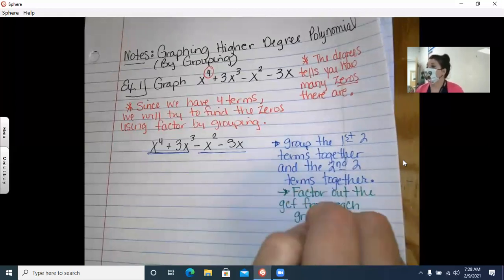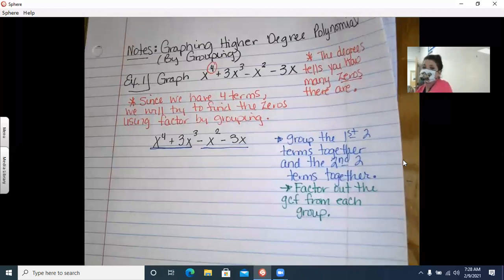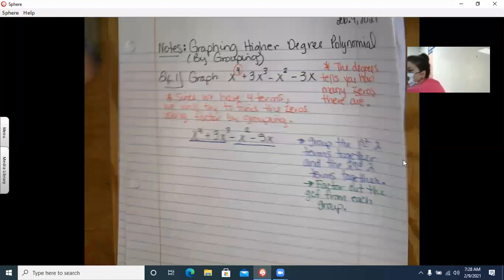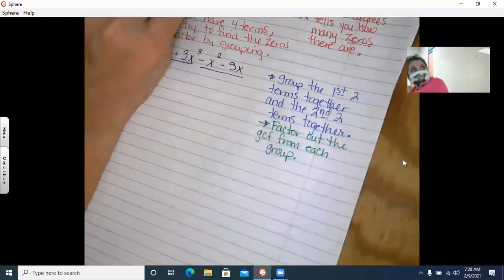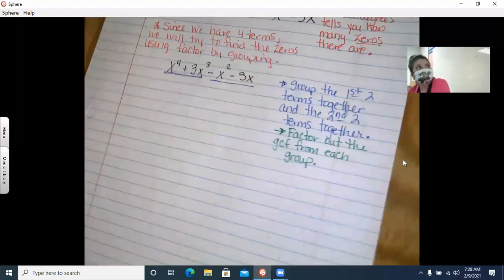Even if your greatest common factor is only 1, usually when your greatest common factor is only 1, we don't factor that out. Oops, sorry. But when you're doing factor by grouping, if that's all you have for the greatest common factor, then you do factor it out, okay?